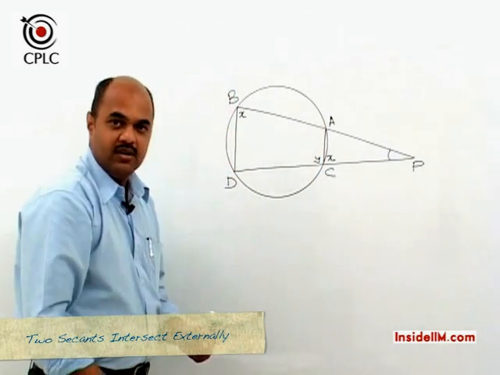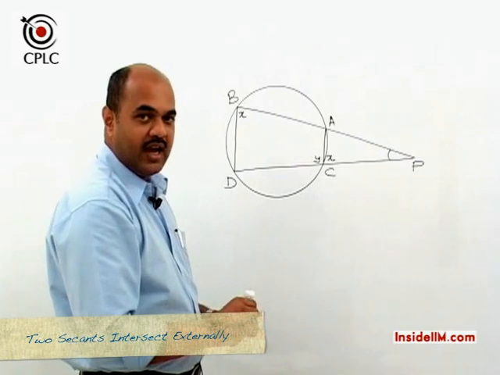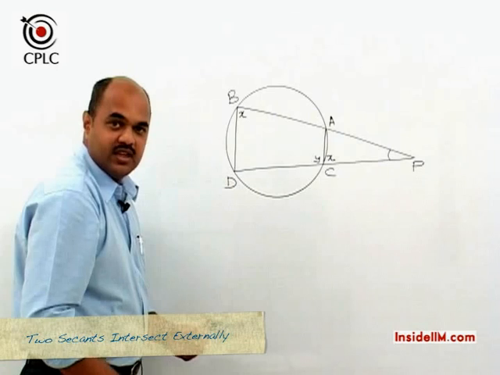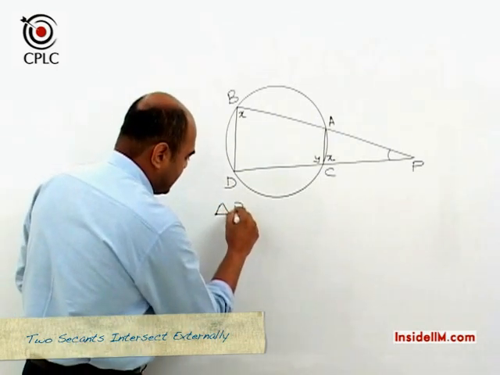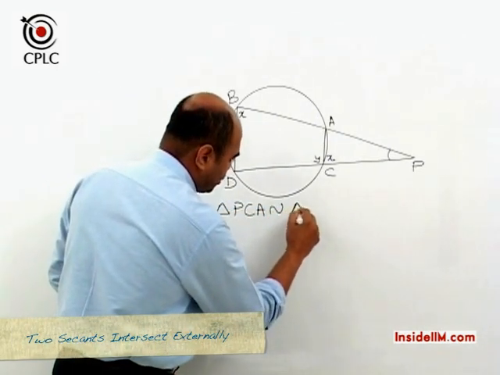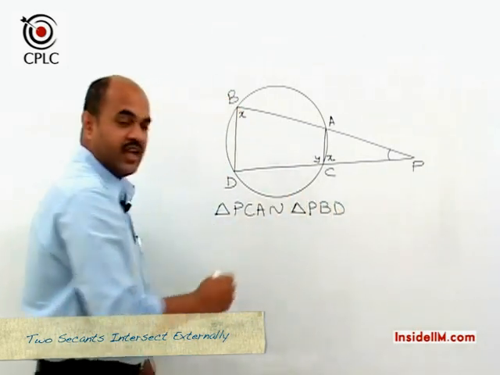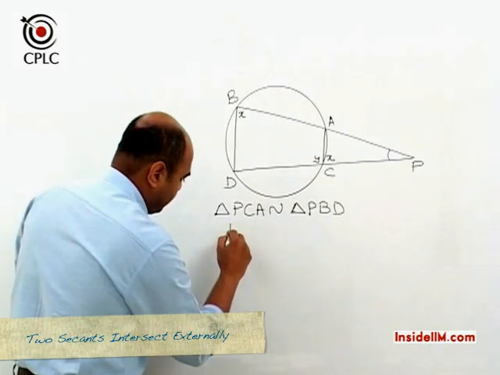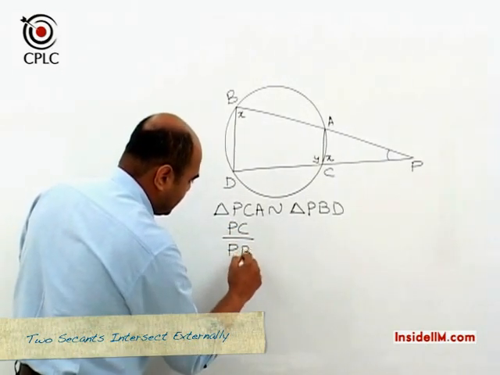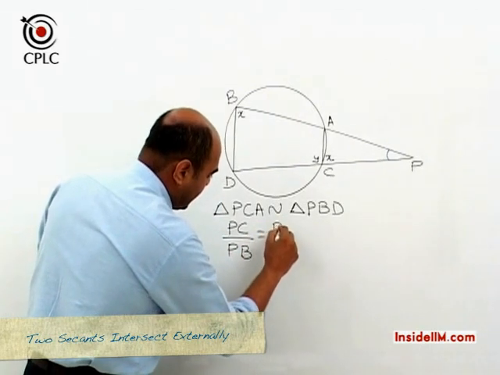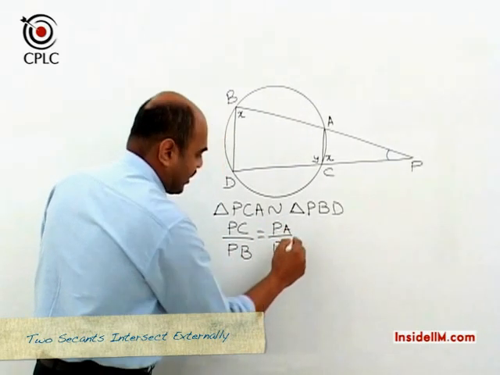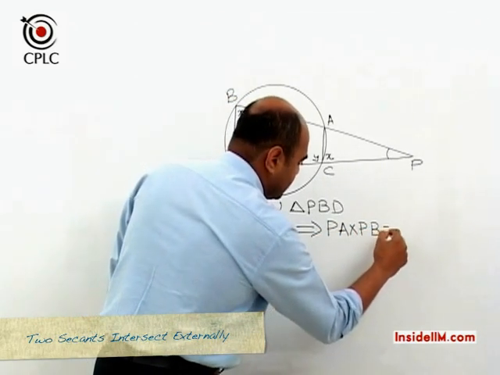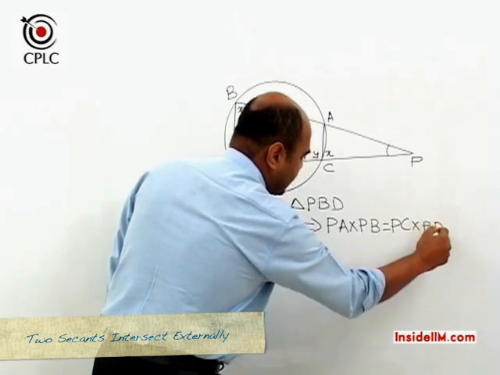Angle P is common, and hence looking at triangles PCA and PBD, triangle PCA is similar to triangle PBD, and if we now write corresponding sides in proportion, we would get PC upon PB is equal to PA upon PD, which will give us our property, which is PA into PB is equal to PC into PD.